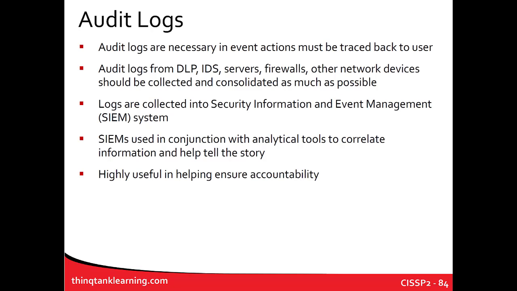A DLP, like I said, can identify exfiltration attempts, intrusion attempts, and block threats with IPS and IDS, server logs, file access, system changes, file integrity monitors. Firewalls can monitor for traffic flows, port scans, rule hits against rules in the firewall. All these logs should be centralized into a security information and event management system, the command center for your correlation and analysis. All right?